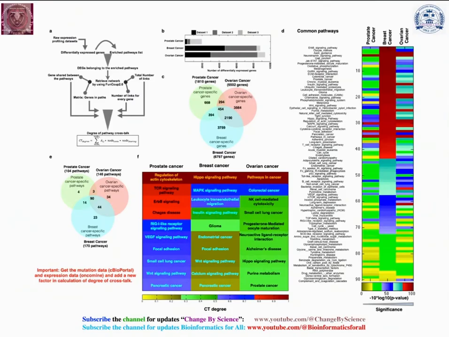So the important thing here is where you are getting the data set. For example, for gene expression or mutation data sets, cBioPortal is the first thing, or the TCGA database, where you can look for it. But of course, Gene Expression Omnibus is the common place from where most people download data.